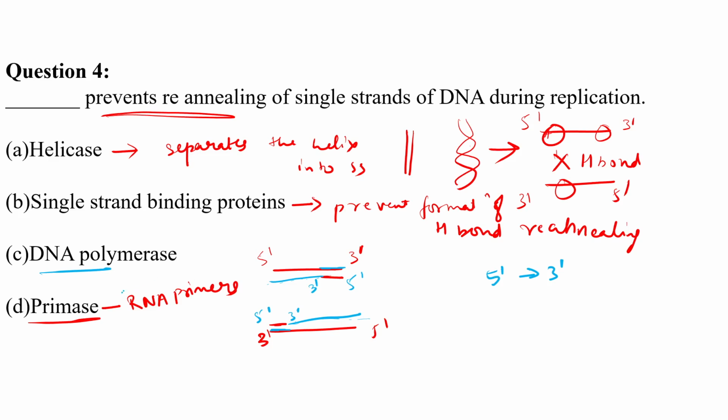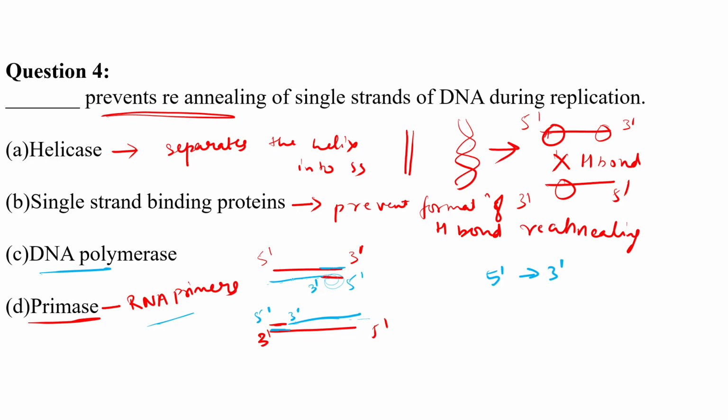DNA polymerase can only synthesize DNA in the 5' to 3' direction, and it can only synthesize DNA from an existing primer. That's why we need primers to be attached to the template strand, and then DNA polymerase will extend this primer and synthesize the whole new DNA.